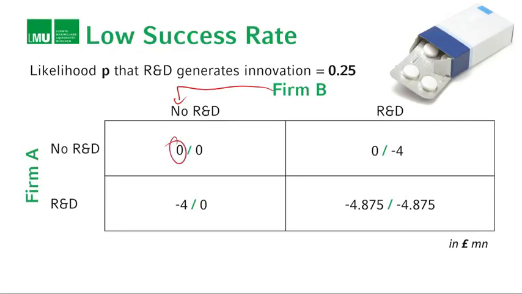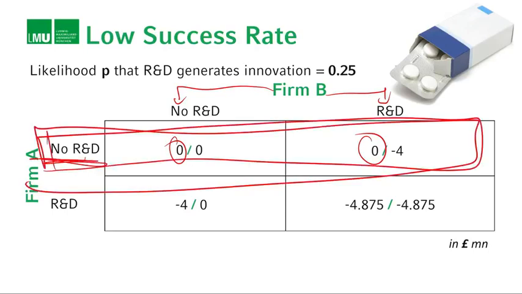So they're not going to do R&D if firm B doesn't do R&D. If firm B did do R&D, then again firm A can choose between minus almost 5 million or getting 0. So they're again better off not doing R&D. In other words, it's a dominant strategy for firm A not to do R&D.